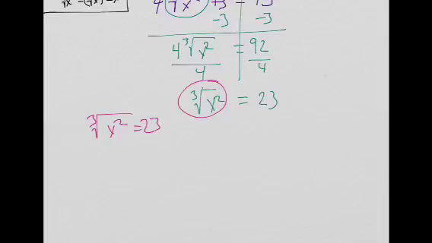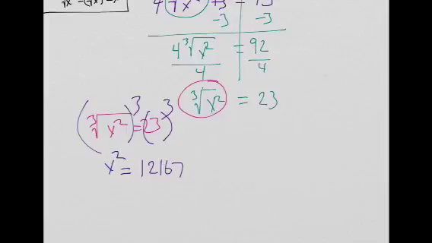So to undo a third power, or a third root, I'm going to use a third power. So I get x squared equals 12,167. Now I'm going to undo my square with the square root. But remember, when we're undoing a square with a square root, we got to consider that we can get two answers.